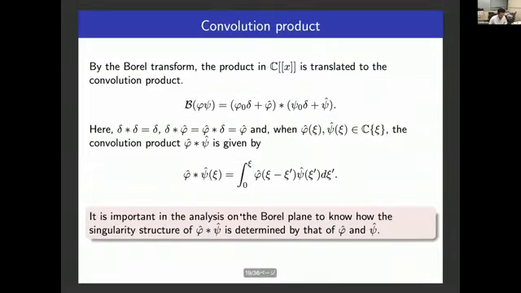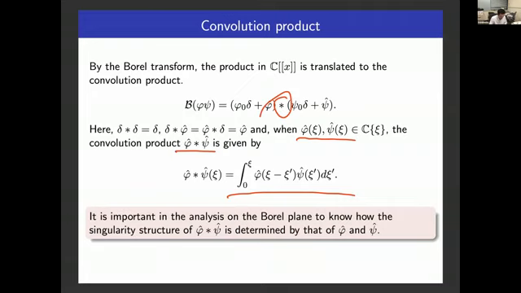So now let us consider next the convolution product of functions. As you know, the Borel transform translates the product in C[[x]] to the convolution product, and the convolution product is written using a star. When phi-hat(xi) and psi-hat(xi) are analytic germs at the origin, the convolution product is given by using this integration.